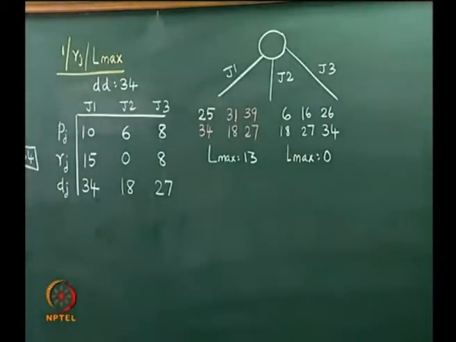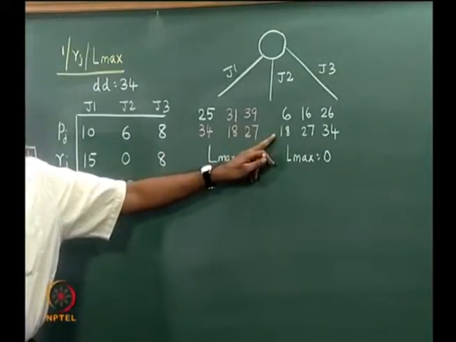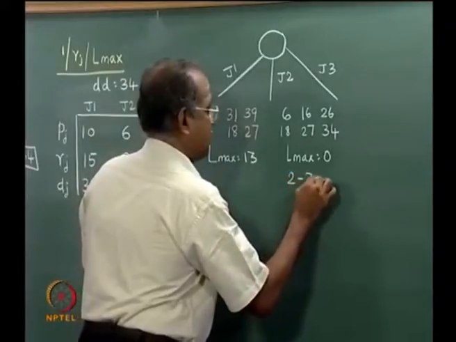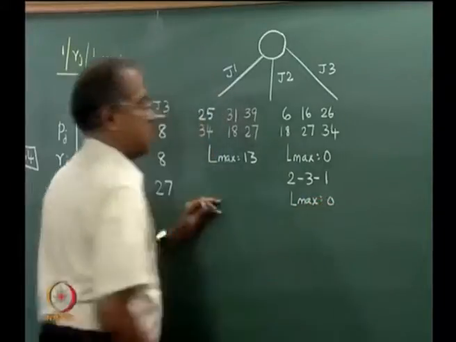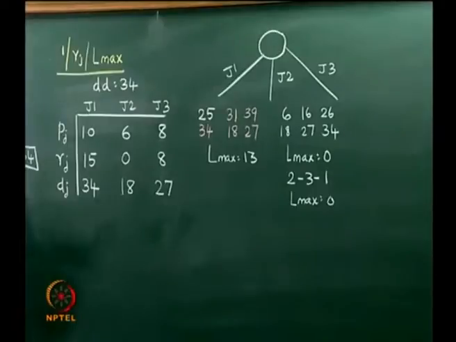And we also realize that what we have done is we have evaluated a feasible solution with J2, J3 and J1 with Lmax equal to 0. This is a feasible solution with J2 first, then J3 and then J1 with Lmax equal to 0. Therefore, we can stop the algorithm here itself.